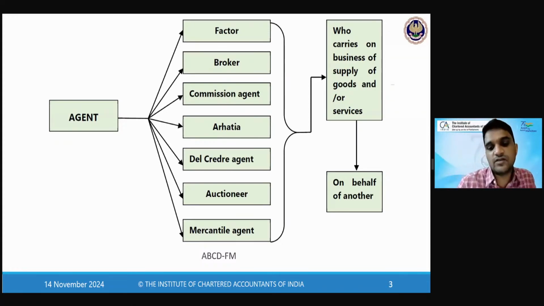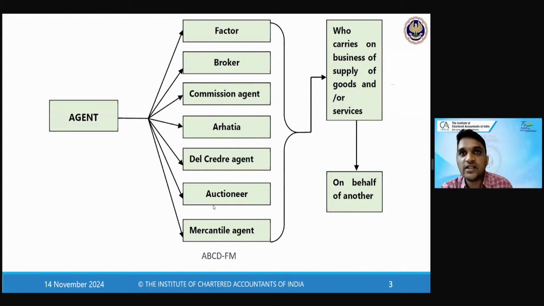So various names. To remember this, say in an exam, if they ask you for the definition, you can use this acronym ABCDFM, where A stands for Arhatia or auctioneer, B is for broker, C for commission agent, D for Del Credere agent, F for factor, and M for mercantile agent. So an ABCDFM agent could be any of them, who carries on the business of supply of goods or services on behalf of another.